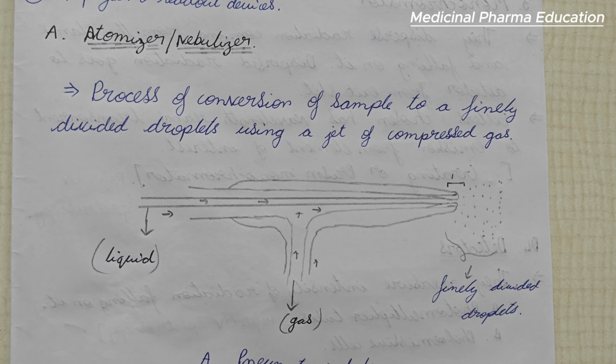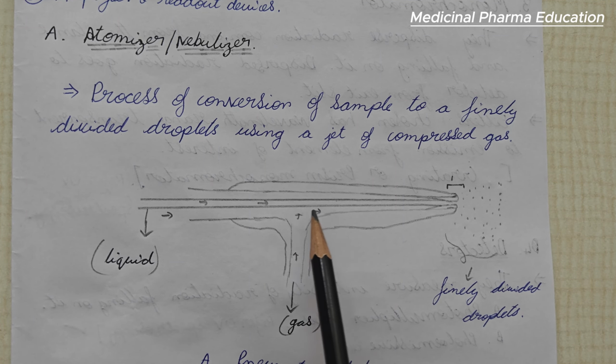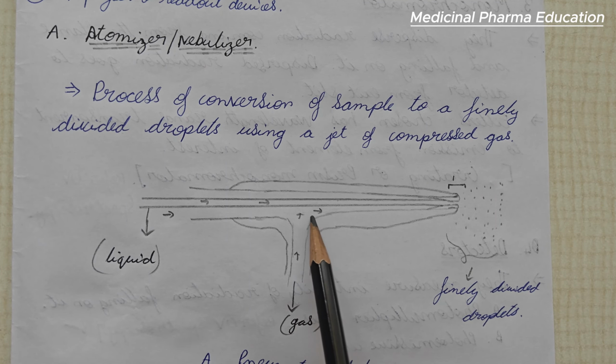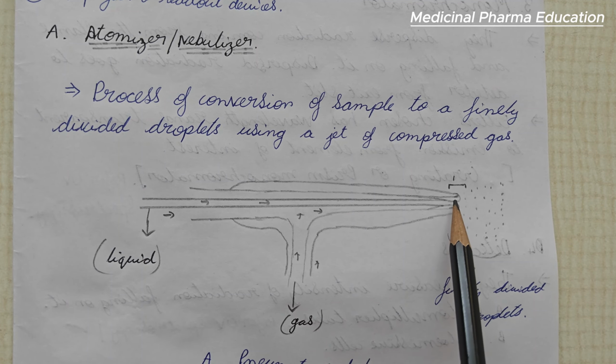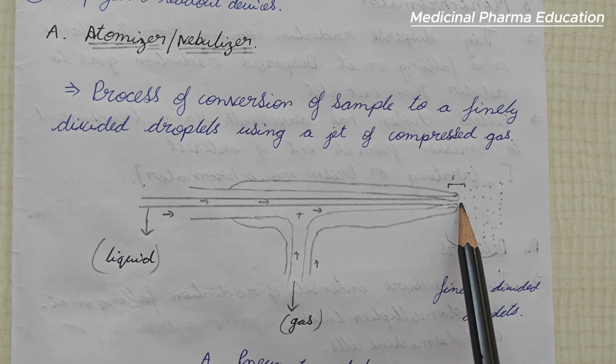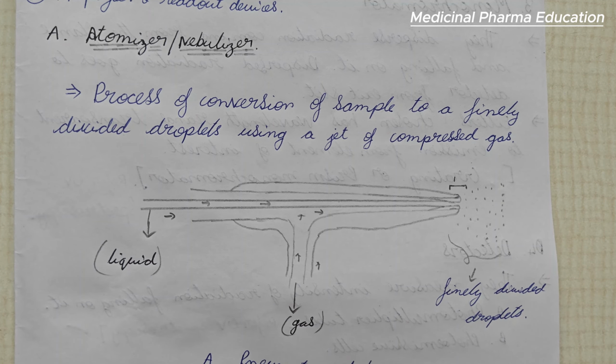Here we are using compressed gas as a jet, in a fast flowing cavity. It passes through the nebulizer, where the liquid is also present, and it carries the liquid through it, and with a narrow section, it's sprayed out at high pressure, so the sample converts into finely divided droplets. This is the main function of the nebulizer.